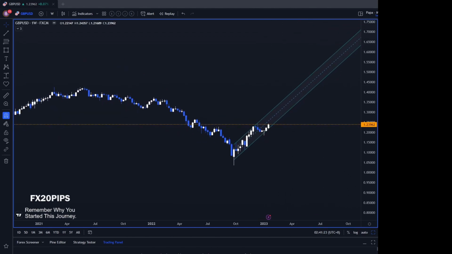So just by looking at this bullish leg, it is still in the uptrend channel. All right, not too worried about all these overshoots here or here.